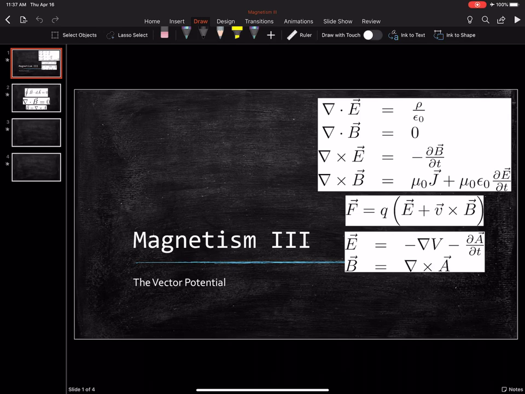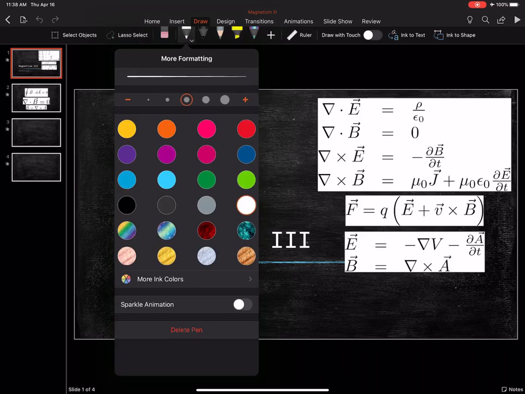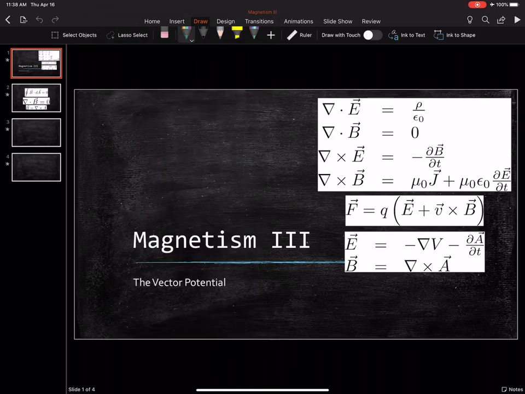As always, we start with our slides showing the Maxwell equations, and we've put a whole bunch of these things together now. We get a very good idea about these things. In fact, we have most of this. We have this one, Gauss's law for electricity. We have Gauss's law for magnetism.